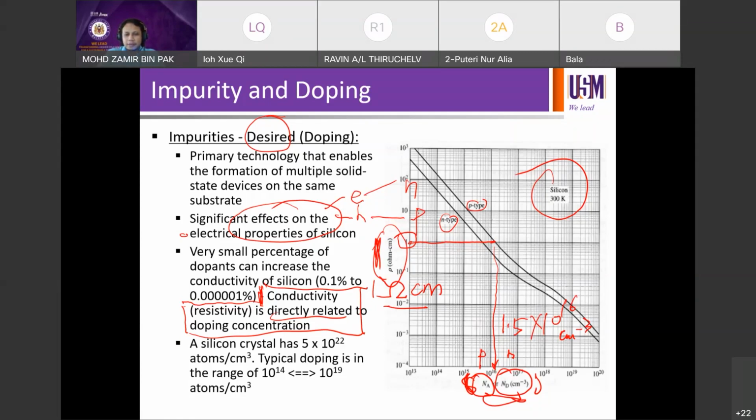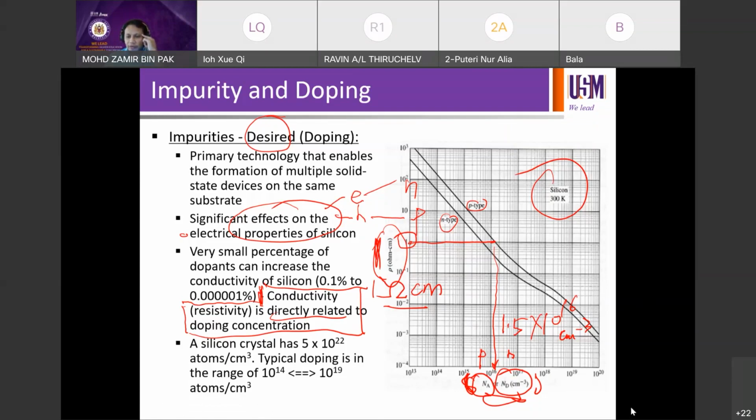You look at the same curve, 0.1 ohm cm, n-type. Now you tell me. You can unmute yourself, or you can also write in the chat box. What is the doping level inside the silicon that you are working with?